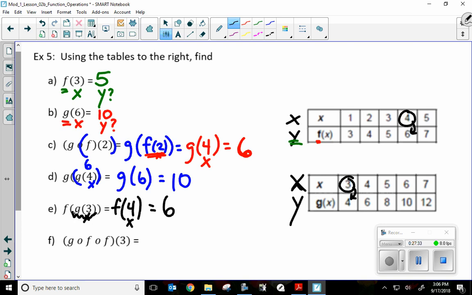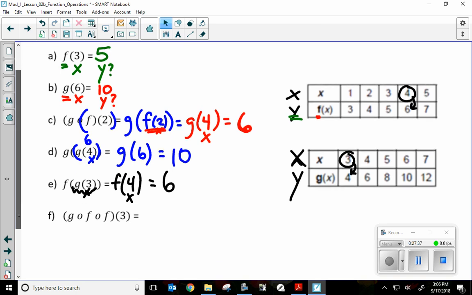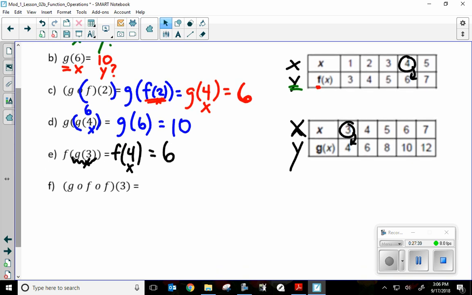But what about this next one? Oh my God. So instead of doing it twice, you're just doing it 3 times. Don't freak out, people. Still easy. You're just doing the same easy thing 3 times instead of twice. First, I need to find out what f of 3 is. Whatever that is, I put into the function f again.